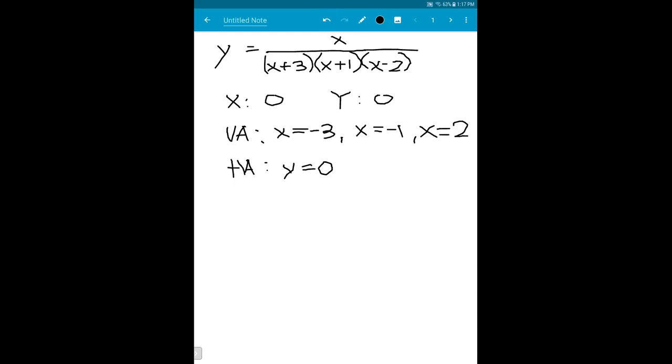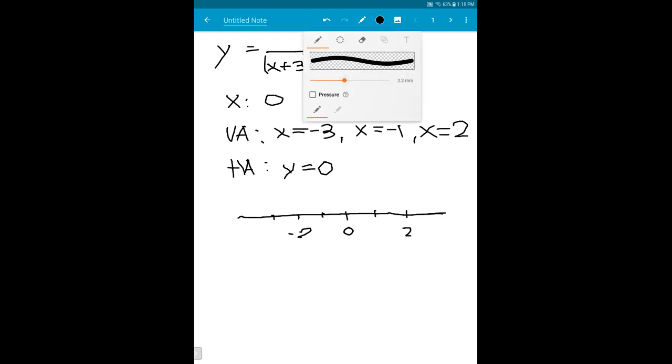And then the sign chart. Okay. We have the critical numbers, by the way.